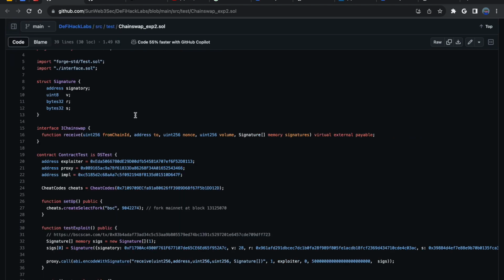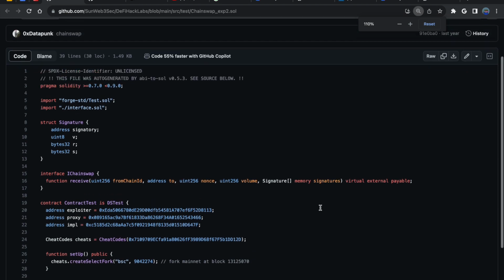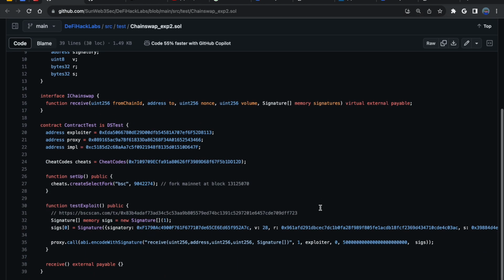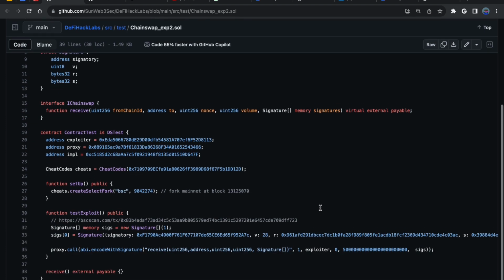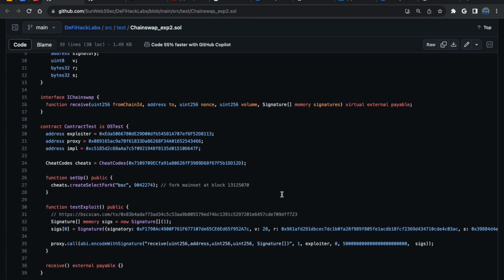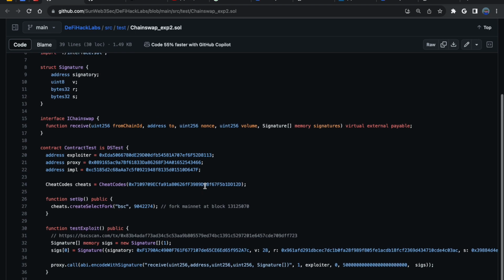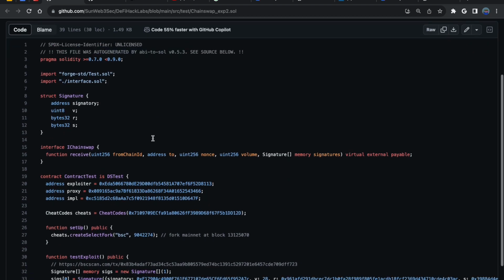Just looking into it a little bit further, we can see the exploit that was actually used, or at least a simulated exploit that was used at the time of the attack. So just running through a few things.